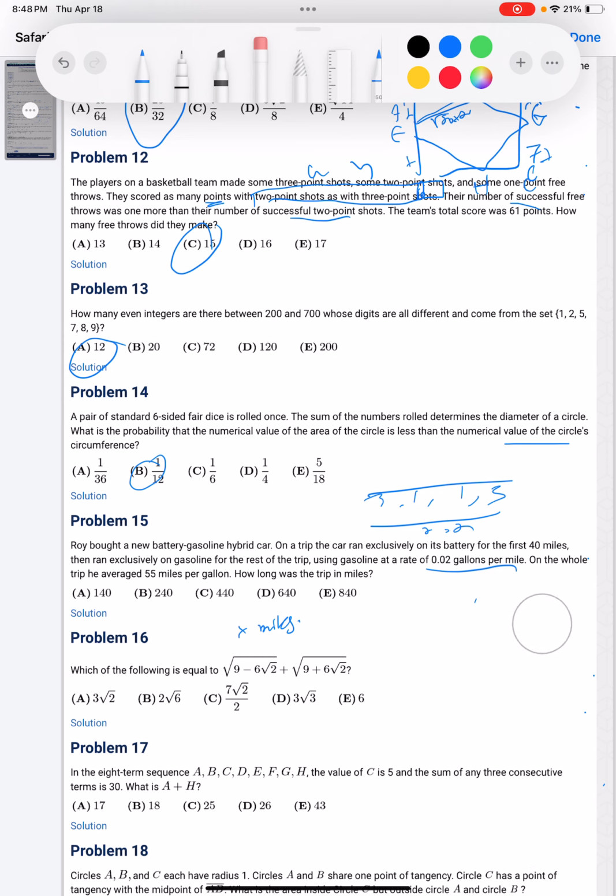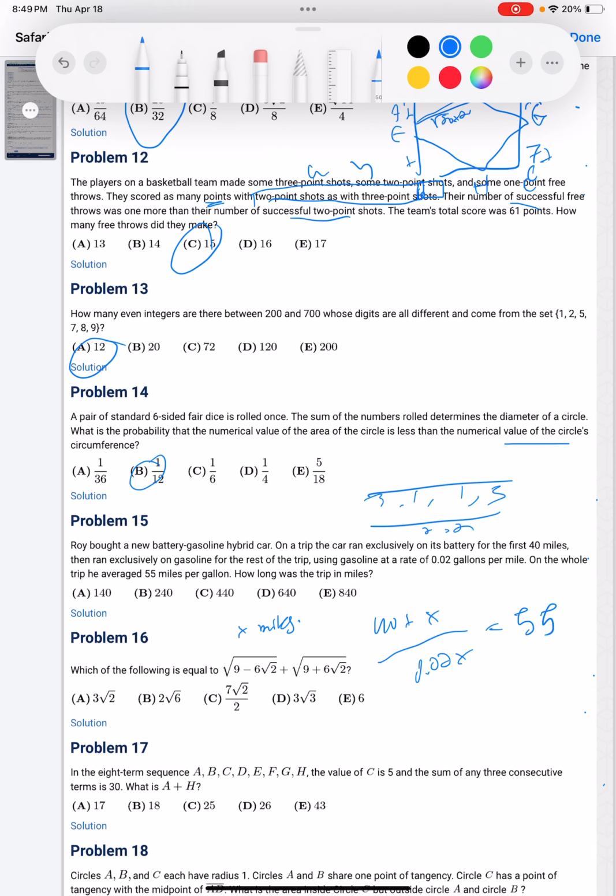In the trip, the car ran exclusively on battery. Then it ran exclusively on gasoline for the rest of the trip. Plus the number of miles. Then we divide by the rate. We get 55. I mean, it should be the answer.